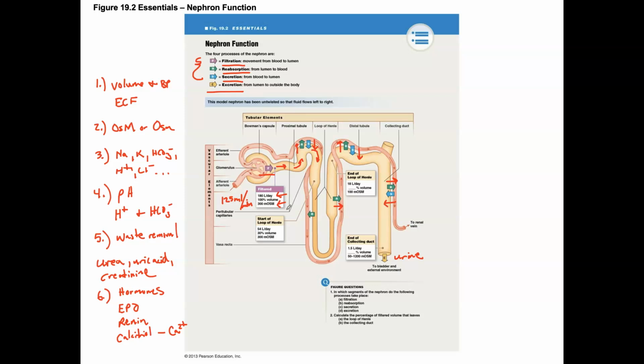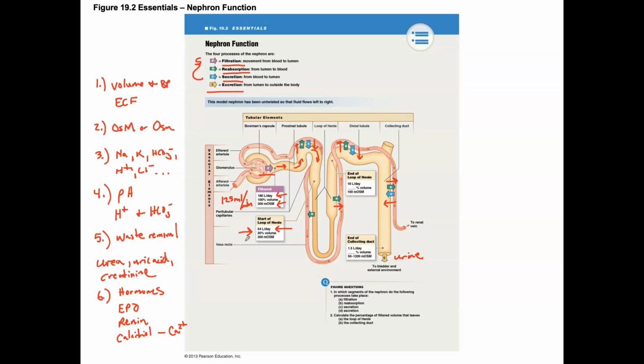So because we are reabsorbing so much fluid and material, there's only about 30% of the volume left once you get past the proximal convoluted tubule. So you have about 180 liters per day that's being filtered, but by the time you reach the nephron loop, you're down to 54 liters per day, or about 30% of that volume.